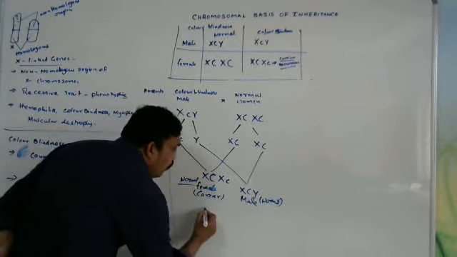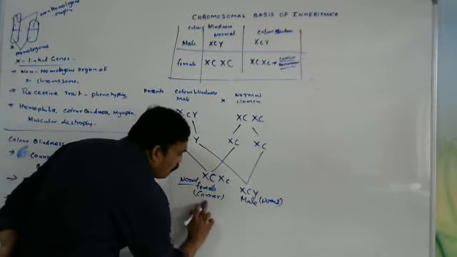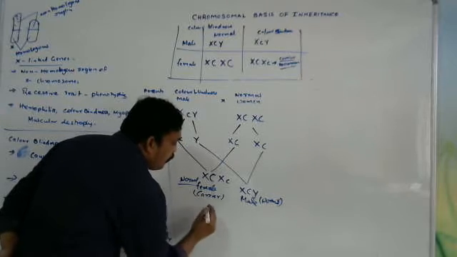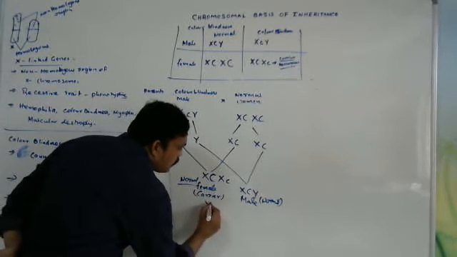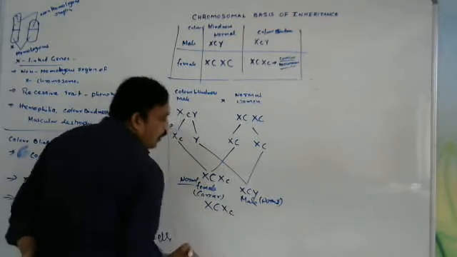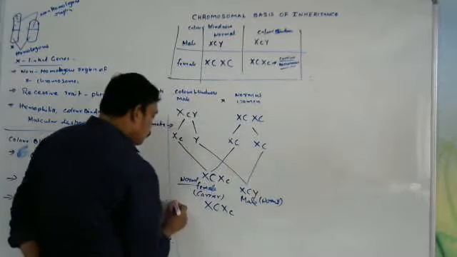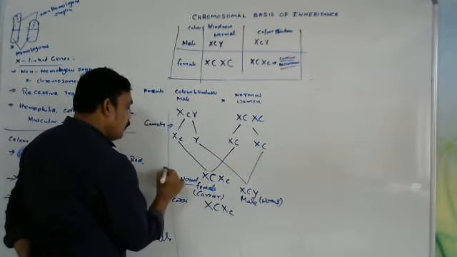So what happens now? I will write here: carrier female. The gametes of the carrier female are X capital C and X small c. This is the F1 generation, whatever we got.